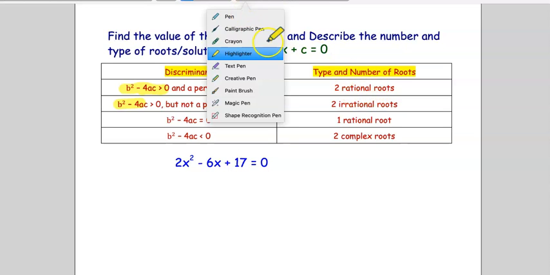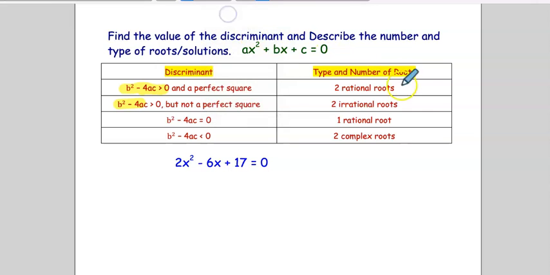Whether you are getting two rational roots, or two solutions which are rational numbers, or irrational, or one rational root, or two complex roots, depending on the value of b square minus 4ac. So we have to look at this ax square plus bx plus c.